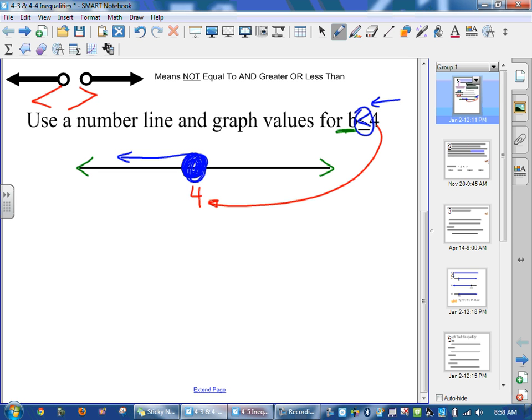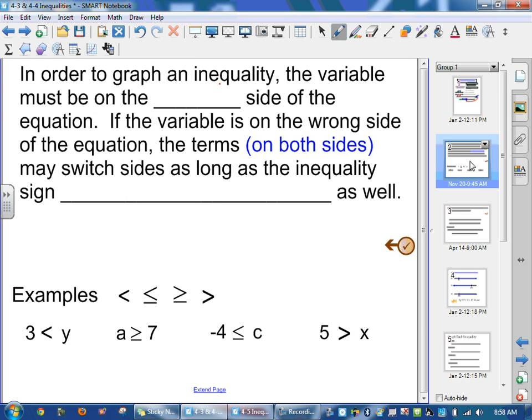So it says, in order to graph an inequality, the variable must be on which side did I just say? The left. Good job. So it must be on the left side of the equation. If the variable's on the wrong side, the terms on both sides can switch places, just like we do when we have an equal sign.